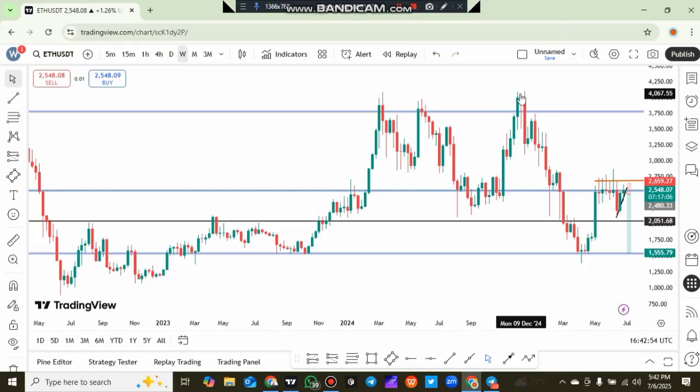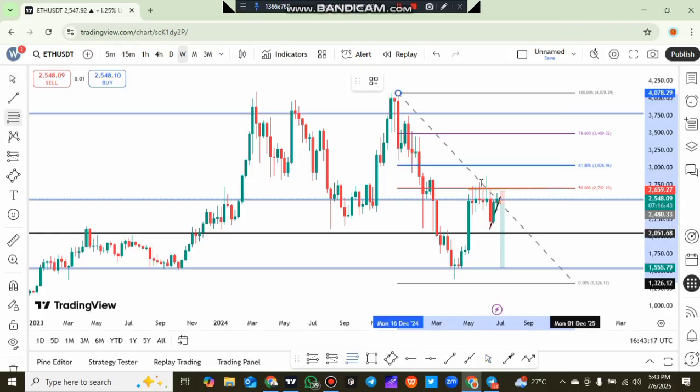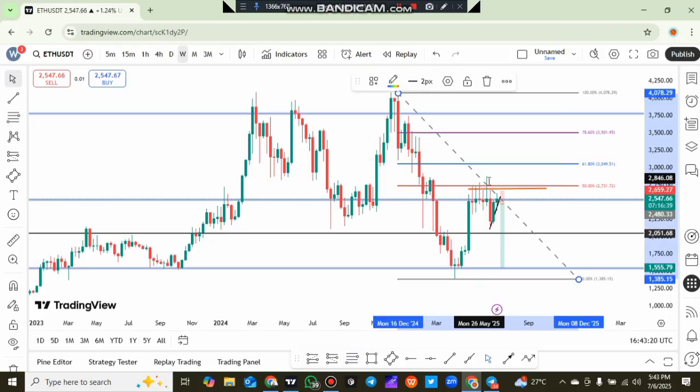Then after 4,000, the market dropped and broke the 2,005 region and came to the 1,500 region. From the 1,500 region, the market pulled back to where we have a resistance at 2,500, because that was a strong resistance, and that resistance lines up with a Fibonacci. So it's at a discount, and the market has been consolidating.